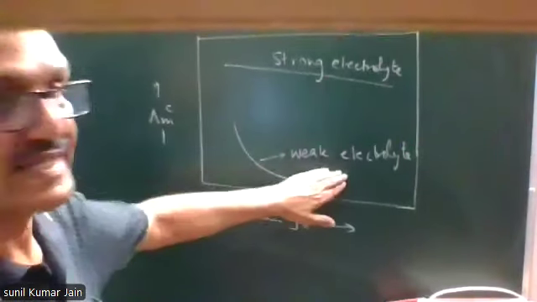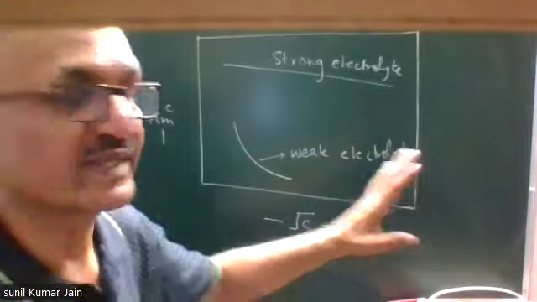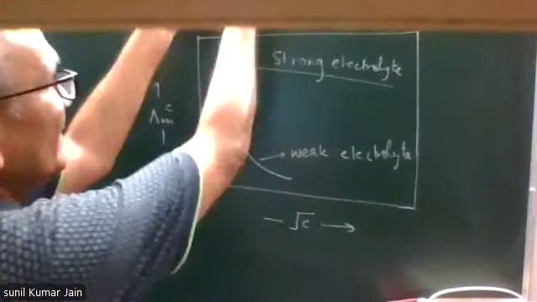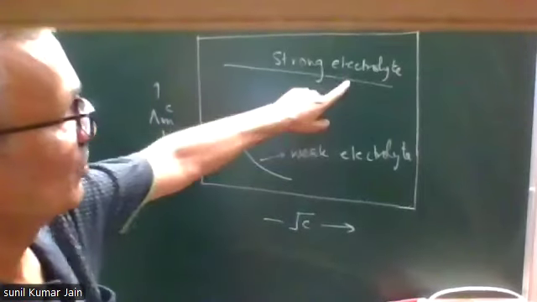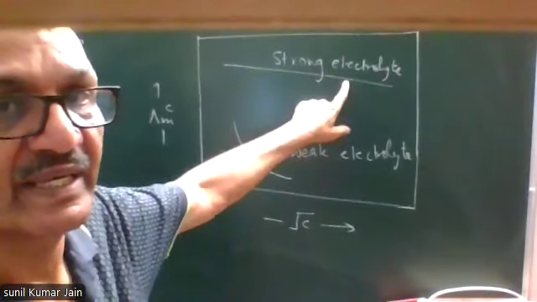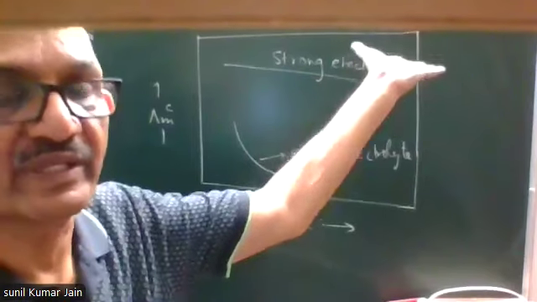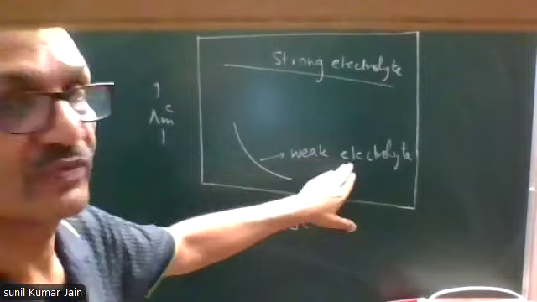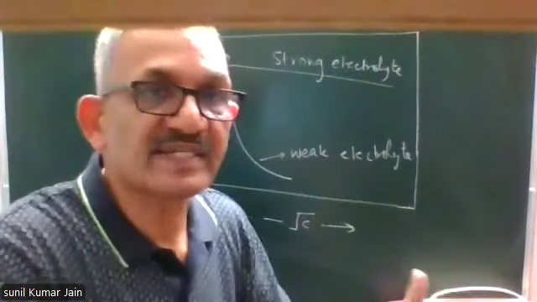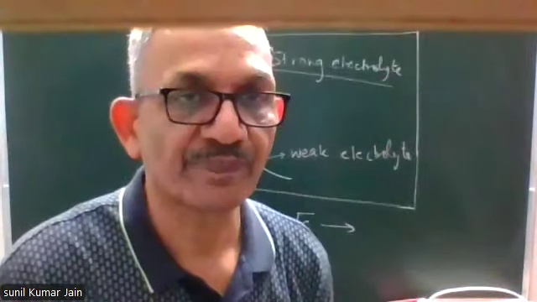So in both the cases, when dilution increases, molar conductivity increases. But the only difference is that molar conductivity of strong electrolyte increases slowly, gradually. But molar conductivity of weak electrolyte increases sharply on dilution.